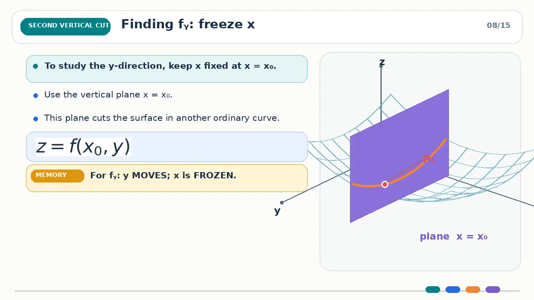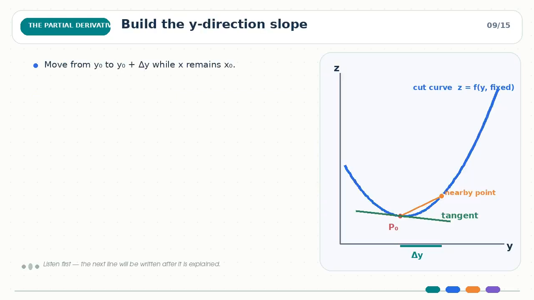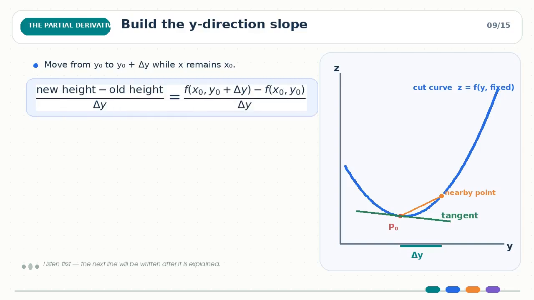The matching memory trick is: for f sub y, y moves and x is frozen. Move from y0 to y0 plus delta y, while x remains exactly x0. The average y direction slope is again new height minus old height, but now we divide by delta y.